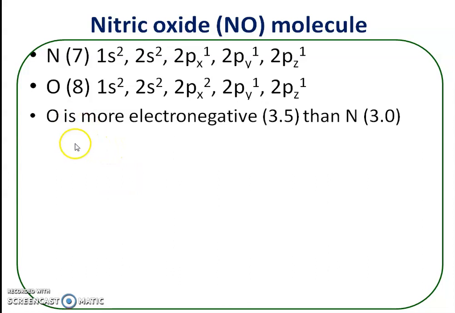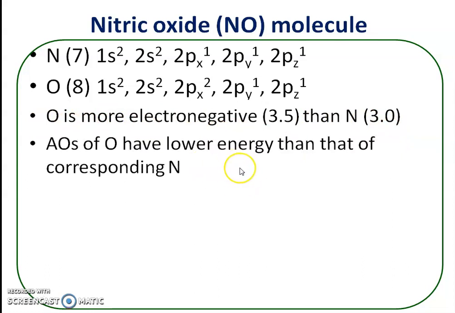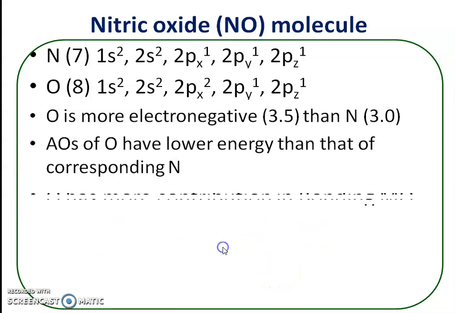Again, you know that oxygen is more electronegative than nitrogen, because the electronegativity of oxygen is 3.5 and that of nitrogen is 3. Therefore the atomic orbitals of oxygen have lower energy than the atomic orbitals of nitrogen. Atomic orbitals of oxygen have comparatively less energy, and these are more stable than the corresponding atomic orbitals of nitrogen.